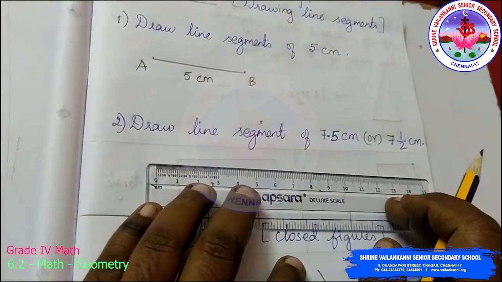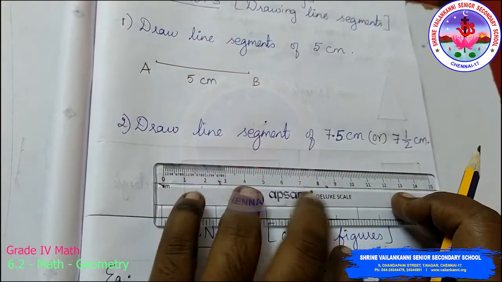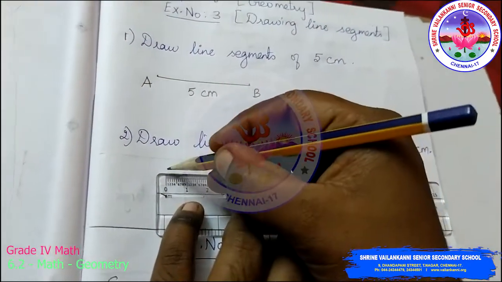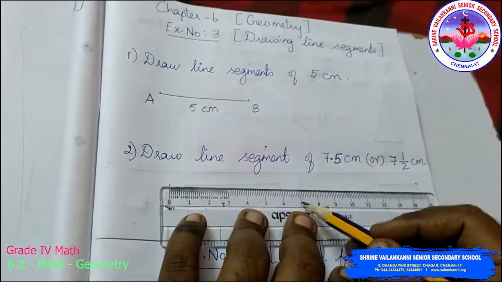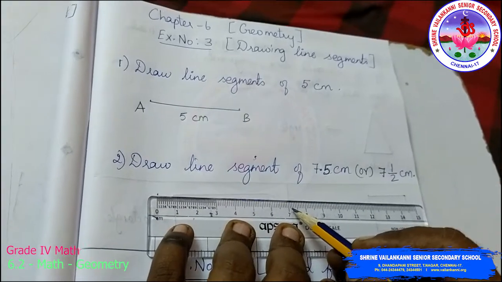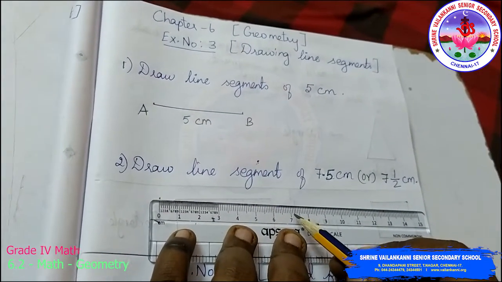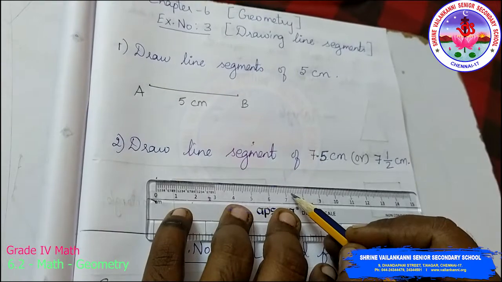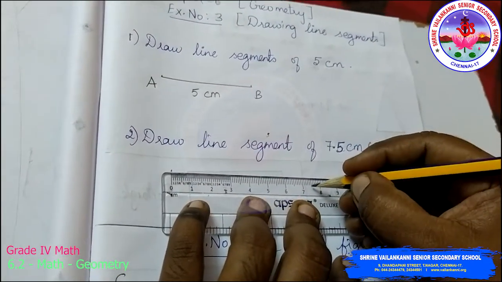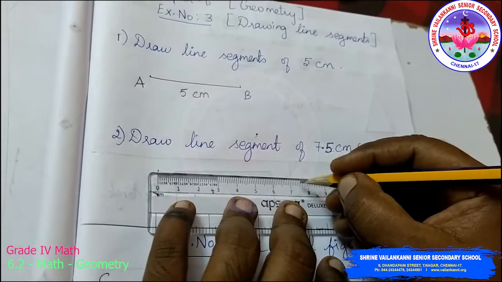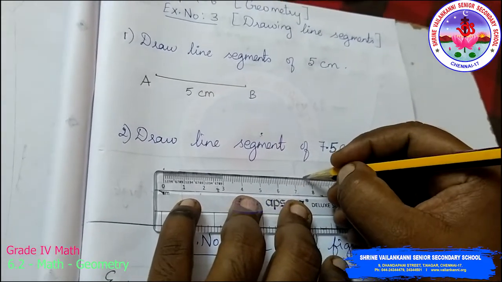So again placing the scale, with the 0 point as the starting point. After 7 you have to count each small line: 7.1, 7.2, 7.3, 7.4 and 7.5. This 7.5 lies between 7 and 8.